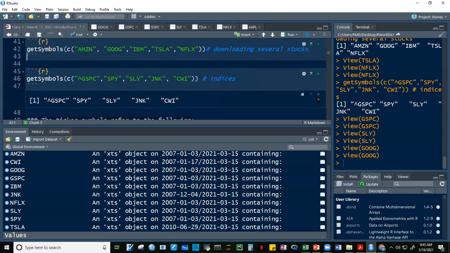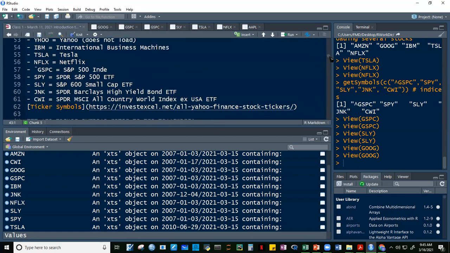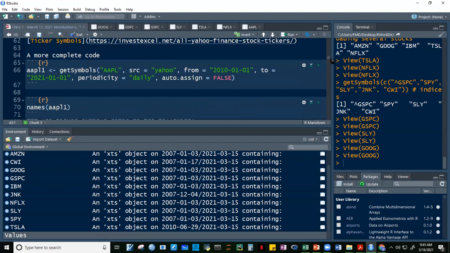Okay, so let's go back here. Okay, so for a more comprehensive or a more complete code, if you want to identify kung saan yung source niya, or you don't want the default dates period being given to you, we can use this more specific code.